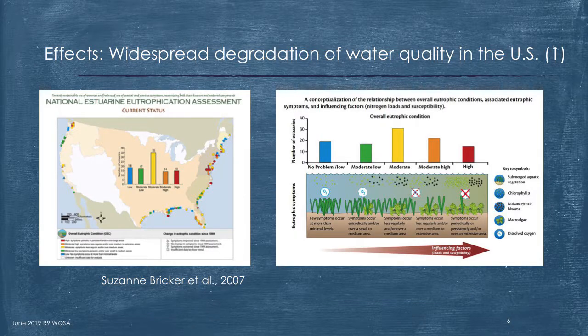This is work by Suzanne Bricker. It was done over a decade ago, and it was really looking at how well our estuaries are doing, and is there risk? San Francisco Bay is moderate risk. I'm sorry, Hawaii, you're not on here.